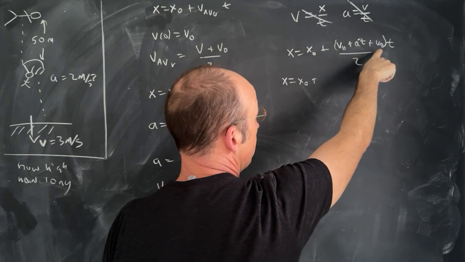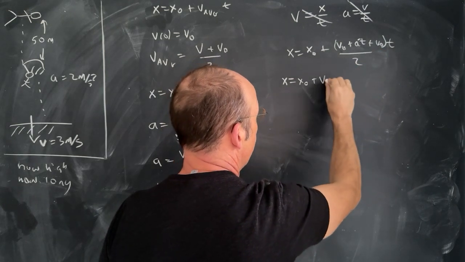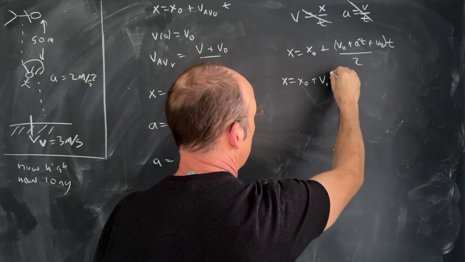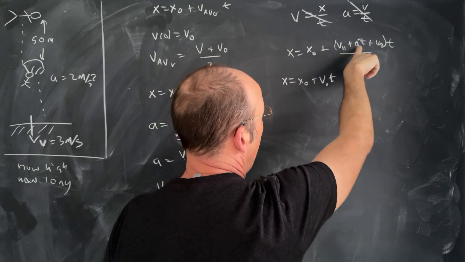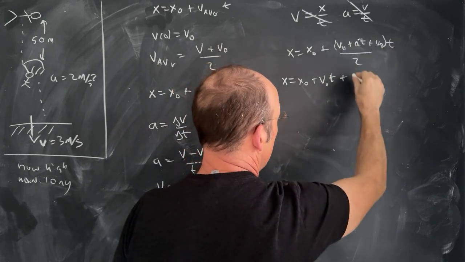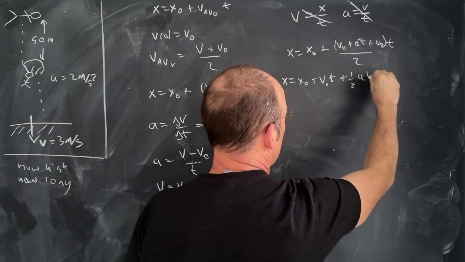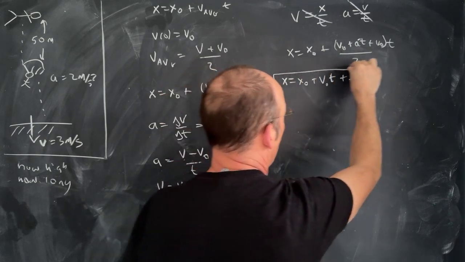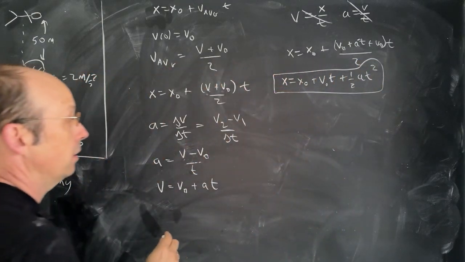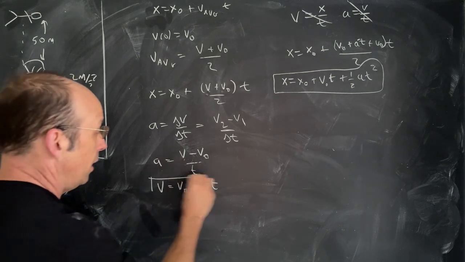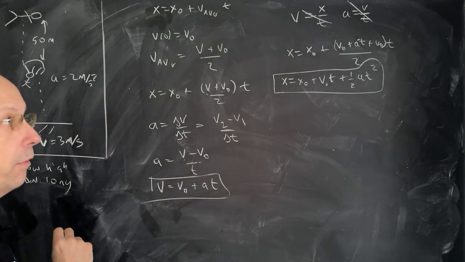So I get 2v0 over 2 t, which is just v0 t. And then I have 1/2 a times t times t, so 1/2 a t squared. So this is one of your kinematic equations. We've got one right there.